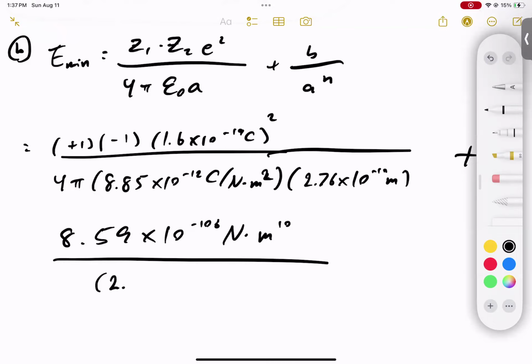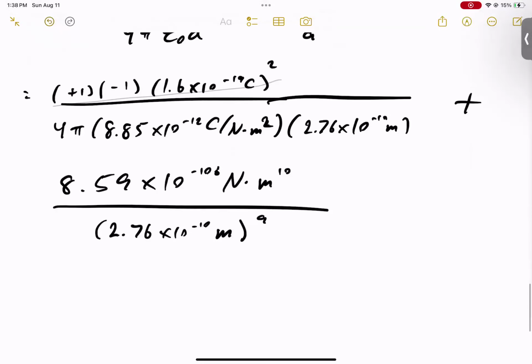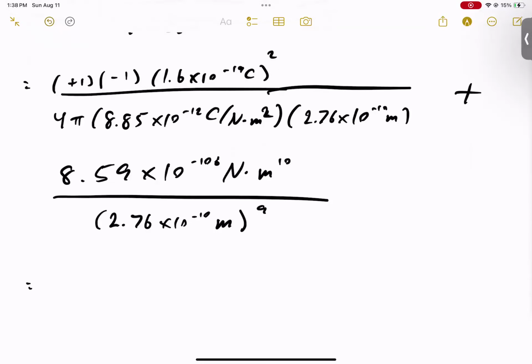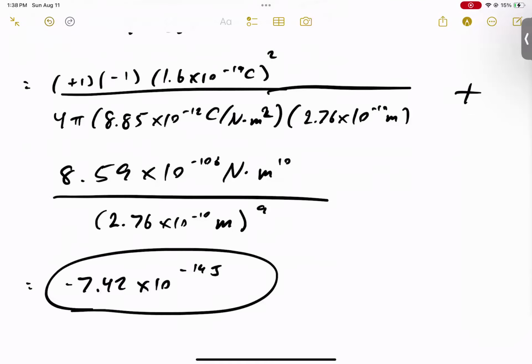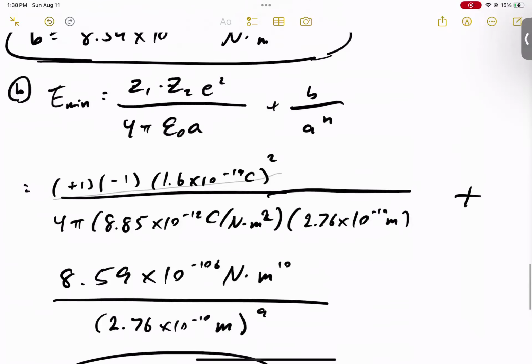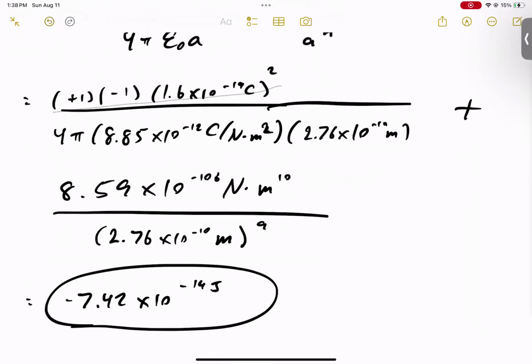So that's 2.76 times 10 to the negative 10th meters raised to the 9th power. All right, so if you plug in the math, we get a final answer of negative 7.42 times 10 to the negative 14th joules. All right, so there's that.